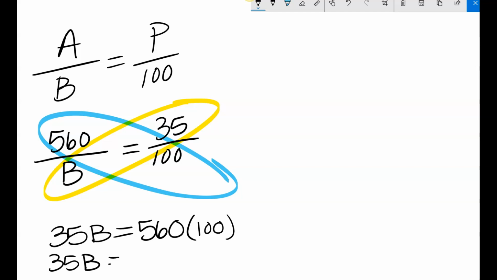So I have 35b equals 56,000 right now, because when I multiply 560 times 100, I get 56,000. And then what I want to do is isolate my B value. So I'm going to divide both sides by 35.